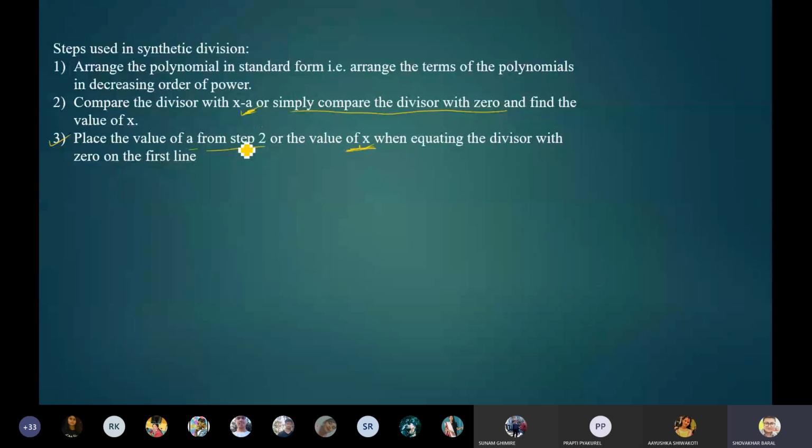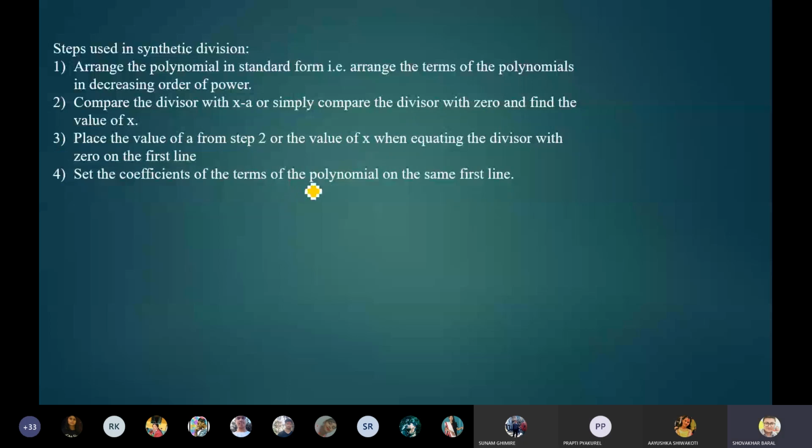If you find the value of a, then this corresponds to you, and if you find the value of x, then this corresponds to you. Or the value of x when equating the divisor with 0. Place that value on the first line after getting the value of a or the value of x, and you need to place that value on the first line.